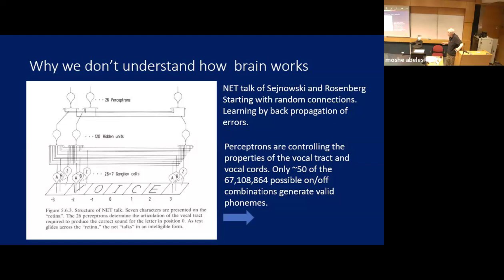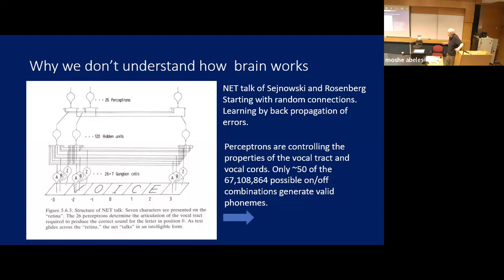After 10,000 training words. Okay, you got the idea. So you can train a network like this to generate the combinations of activity in 26 perceptrons that correspond to 50 phonemes in English.